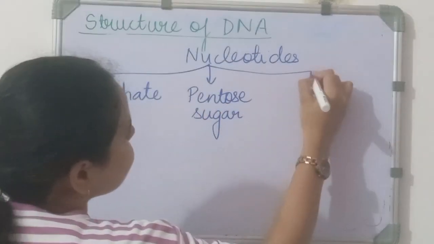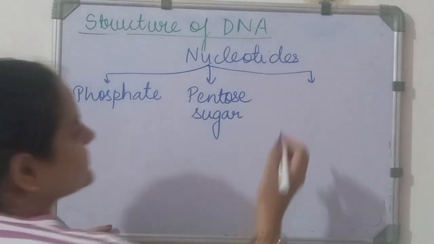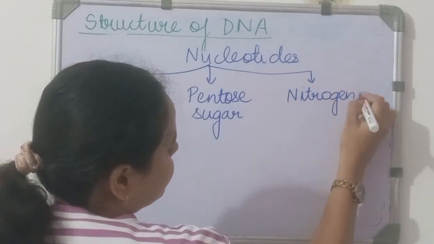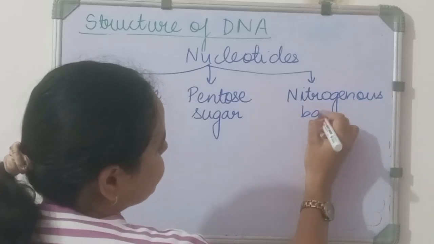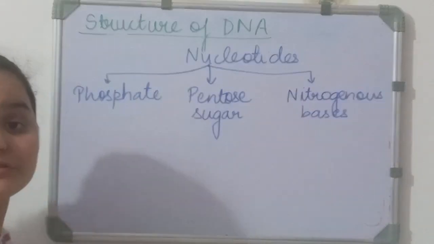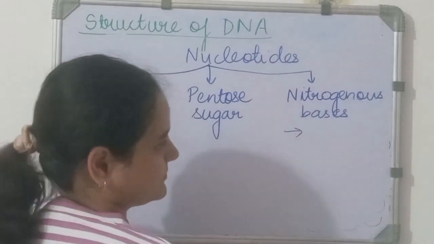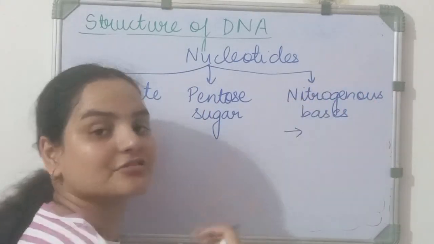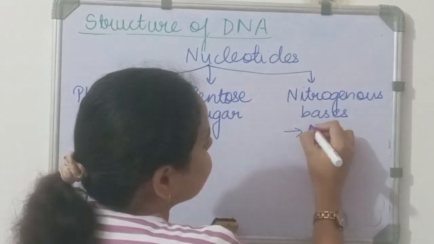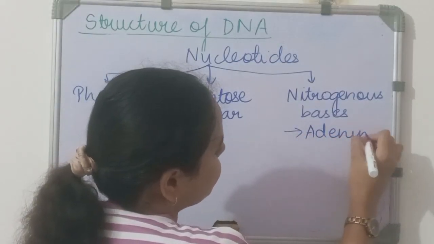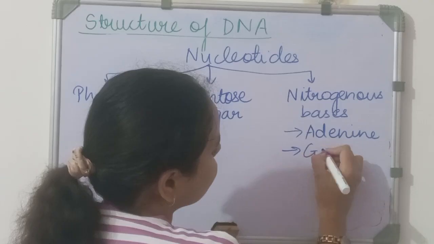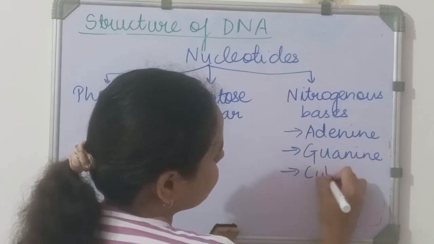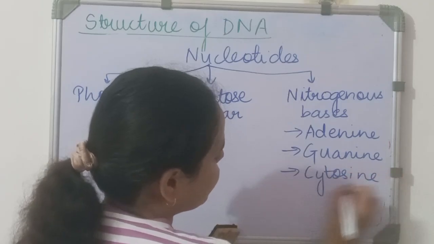And the third is a nitrogenous base. Their structure has nitrogen, that's why they are called nitrogenous bases. Examples are adenine, guanine, cytosine and thymine.